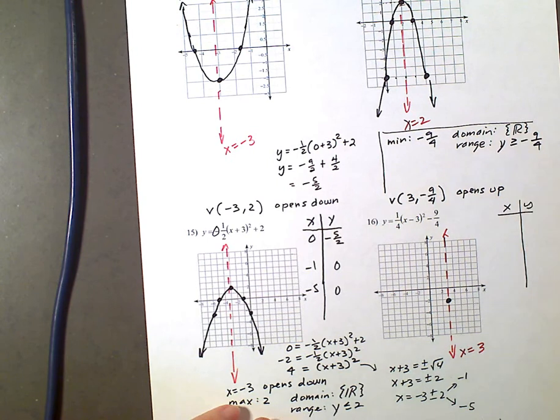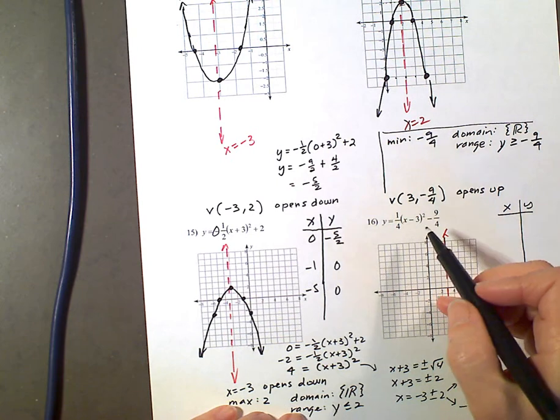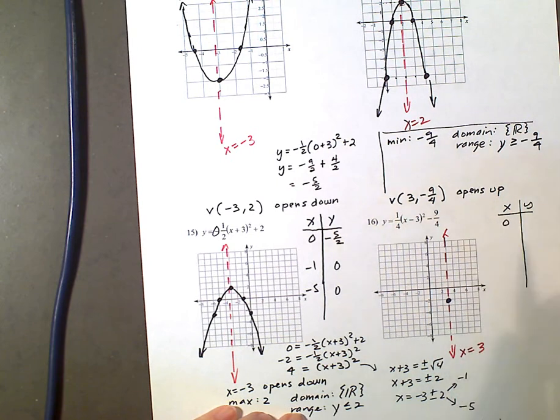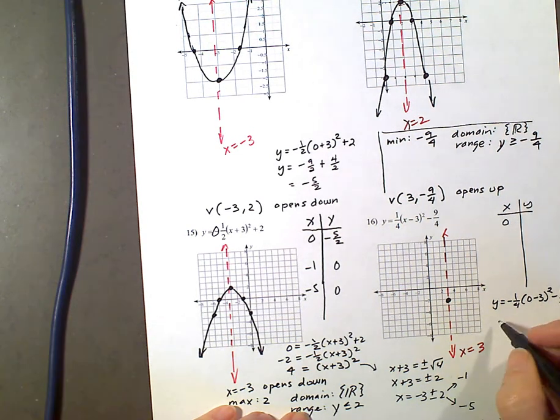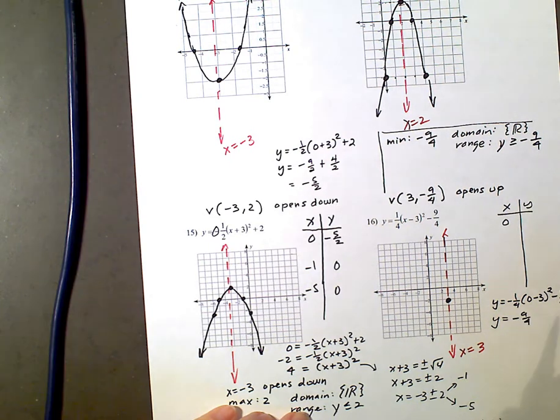Okay, so let's go with the y-intercept first. If I set x equal to 0 and solve for y, we'll do that down here. So y is equal to negative 1/4 times (0 minus 3) squared minus 9/4. So y would be equal to, this is negative 3 squared, which is 9, negative 9/4.